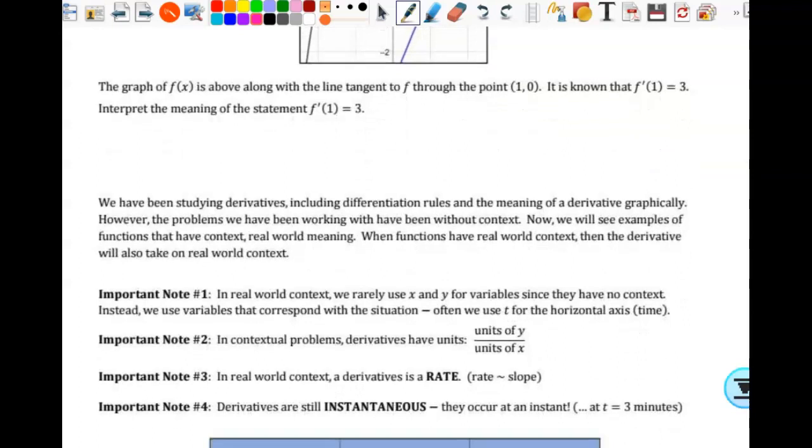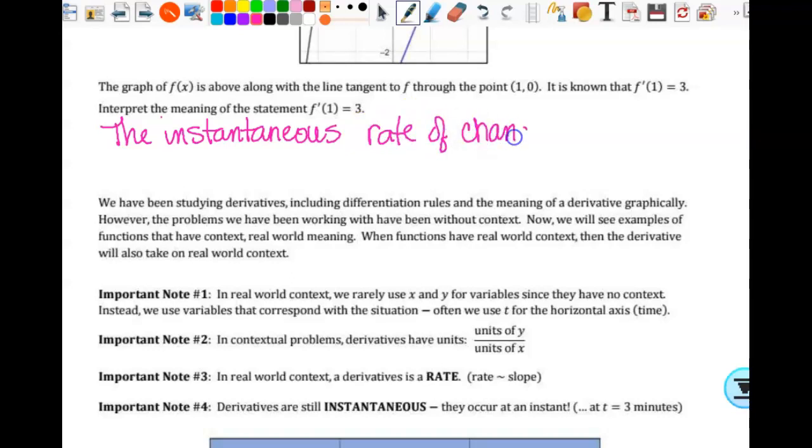Okay? So the instantaneous rate of change of f is 3 at x equals 1.